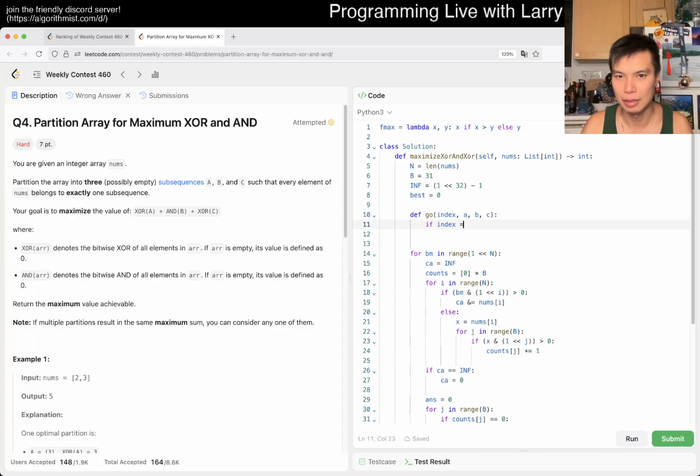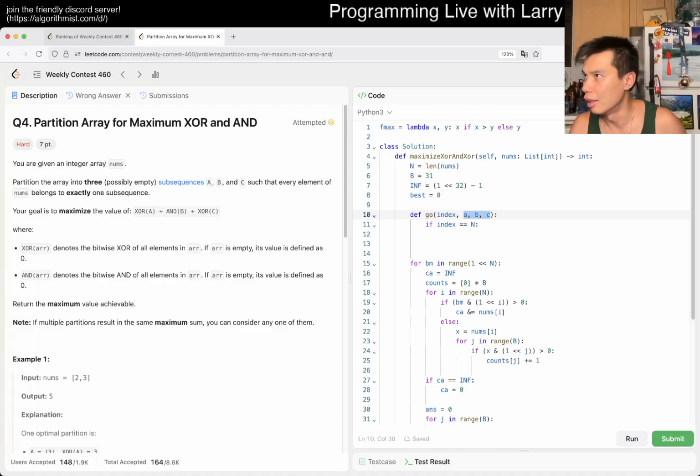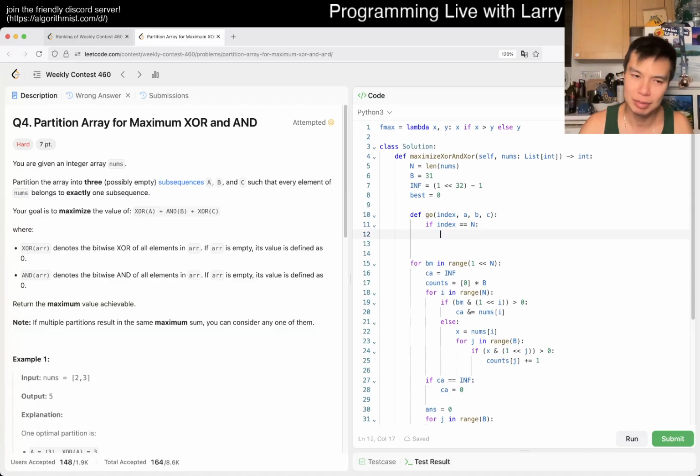If index is equal to n, then now we want to... maybe this is fine as a way to write brute force, but it's not helpful for debugging. That's why maybe this is not a great way. Okay, fine. Actually, no, this is fine. I'll just restructure it another way.